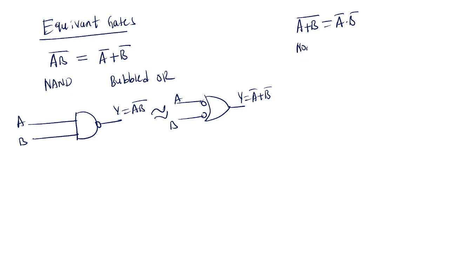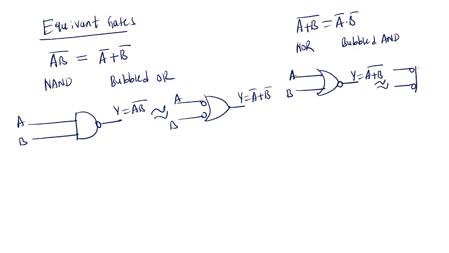A NOR gate, where Y equals A plus B whole bar, is equivalent to a bubbled AND. And if it is a wire, the output is just A. So how do we represent two inverters connected in cascade?